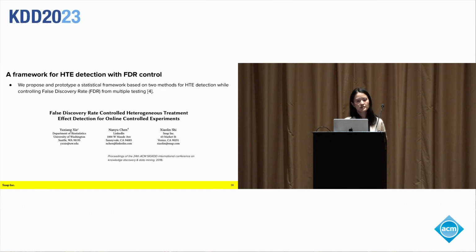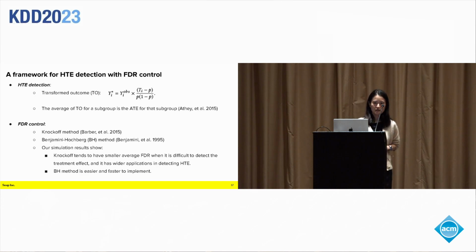So in order to deal with this multiple testing problem in HTE, we propose a statistical framework based on two methods for HTE detection while controlling the false discovery rate from multiple testing. And this work was also published at KDD in 2018.